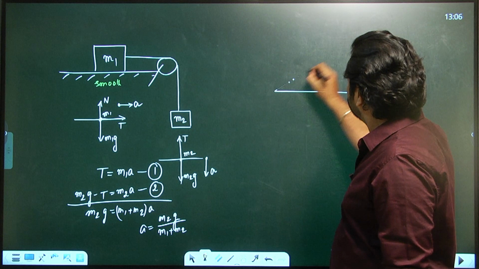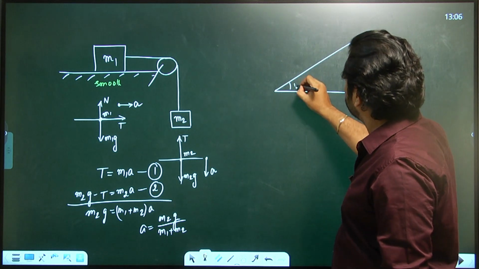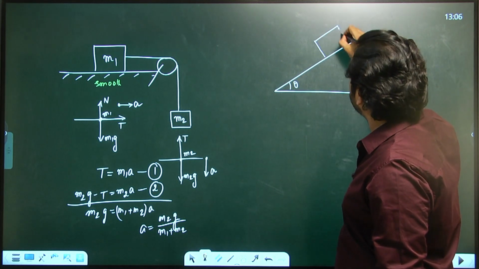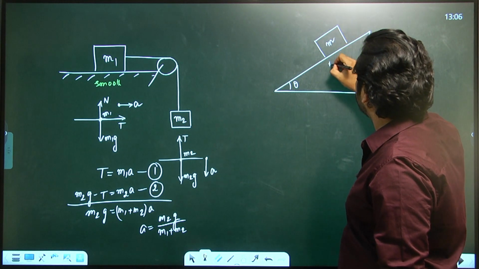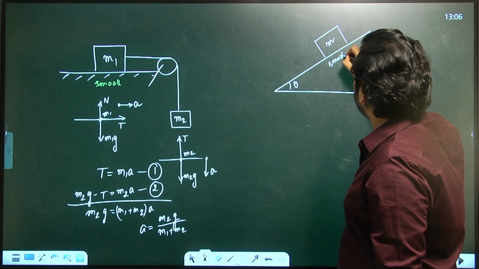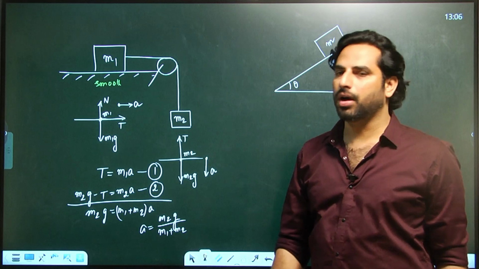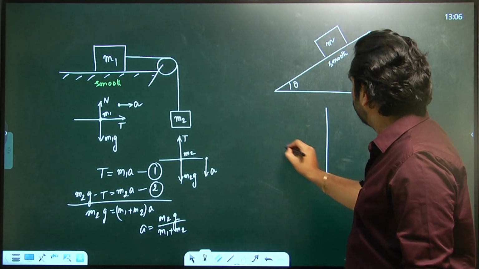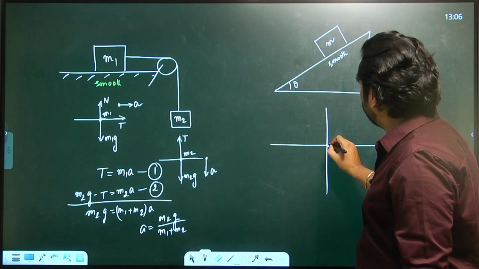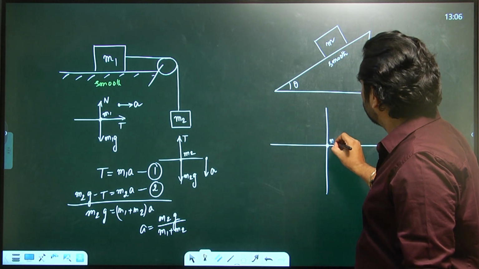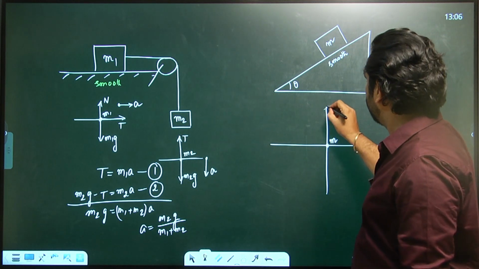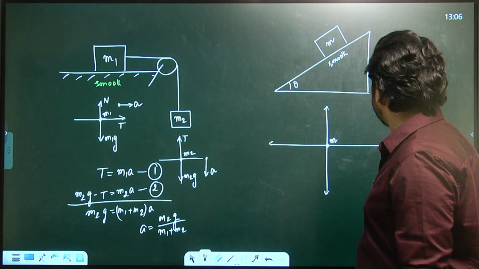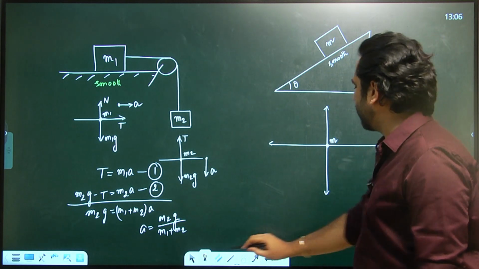For example, if you have an inclined plane and there's a block of mass m placed on the inclined plane, this is smooth, and if you are interested to find the acceleration of the block down the plane, then draw the free body diagram of the block. The system is a block, and I have represented it as a point mass, taking the coordinate axis. Then what are the forces acting on it?